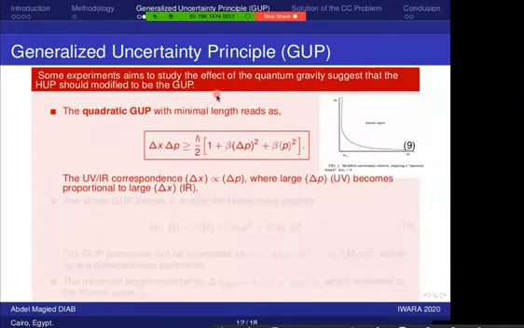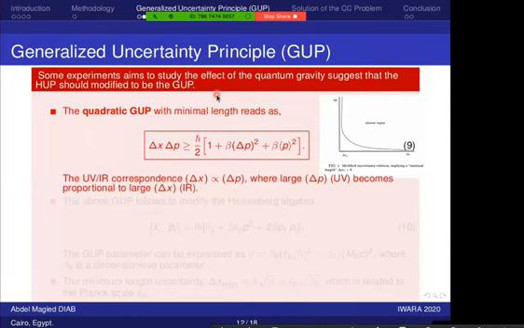Generalized uncertainty principle. The unification of the classical description of quantum mechanics and general relativity is still an open problem. The two theories can be used as guiding principles in the search for a theory of quantum gravity.